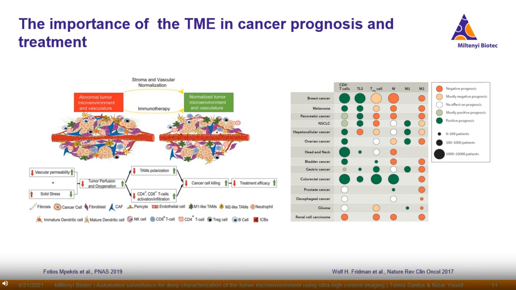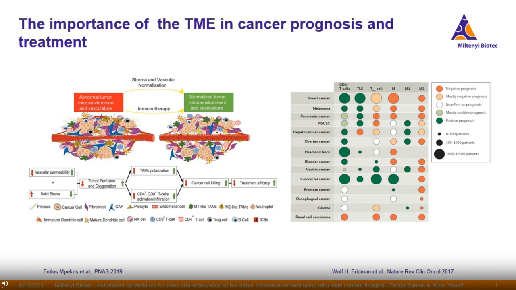These are macrophages with a pro-inflammatory phenotype, then boosting immunity, for example, CD4 positive and CD8 positive T cells, and thus enhancing cancer cell killing.